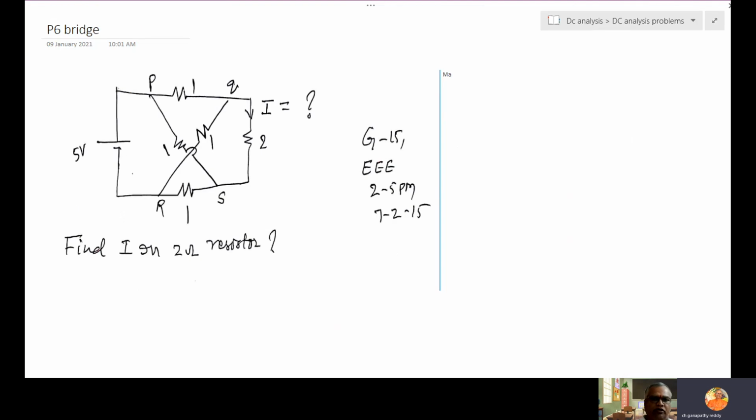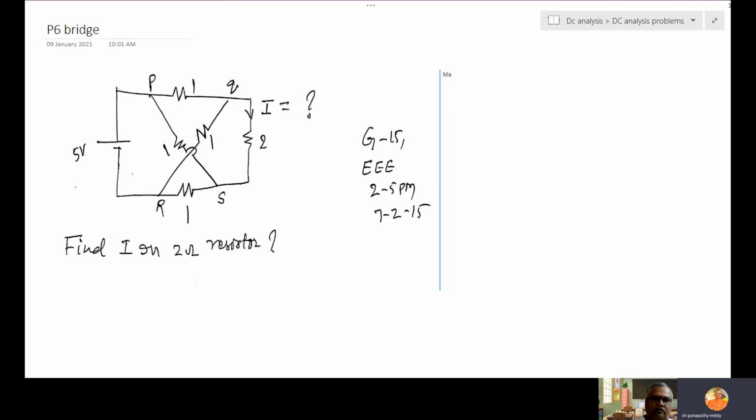This is very peculiar. Find current I in 2 ohm resistor. It is not appearing like a bridge, but interestingly, if you redraw, it looks like a bridge only. What is the thumb rule for bridge? 5 elements are there.